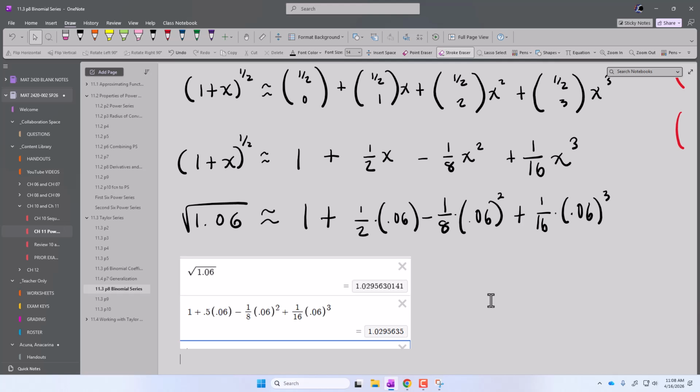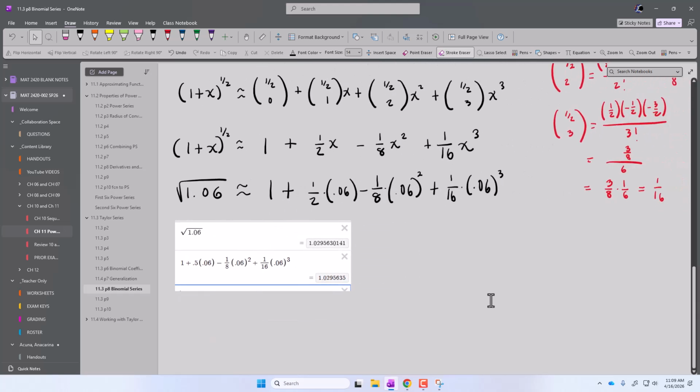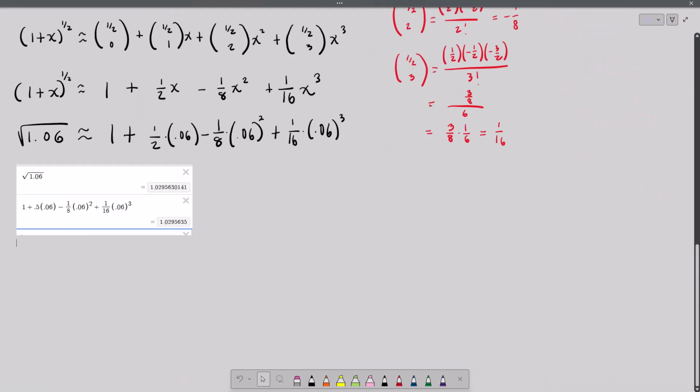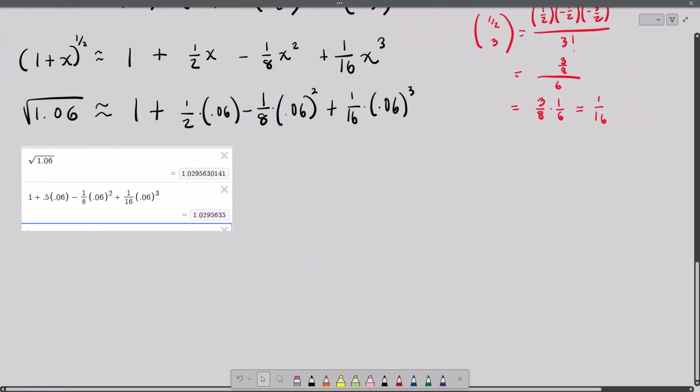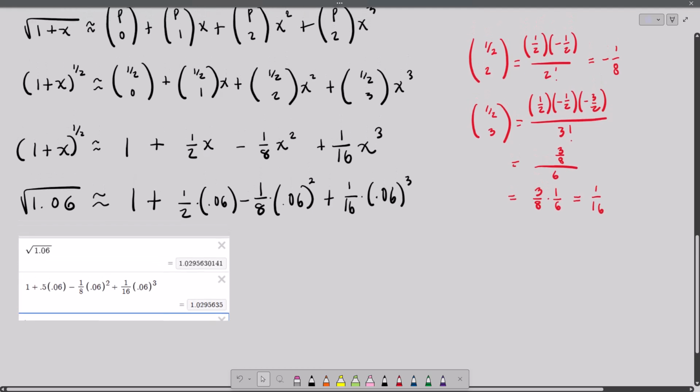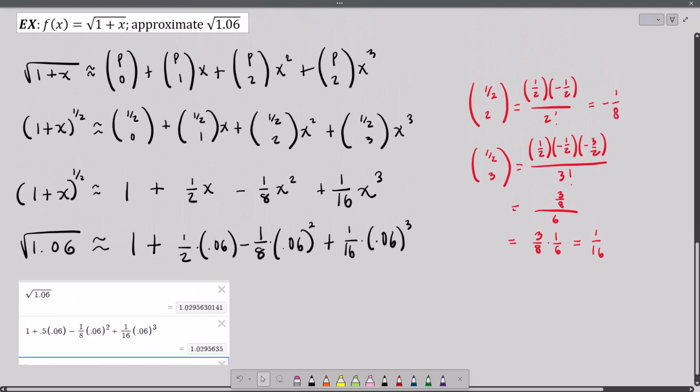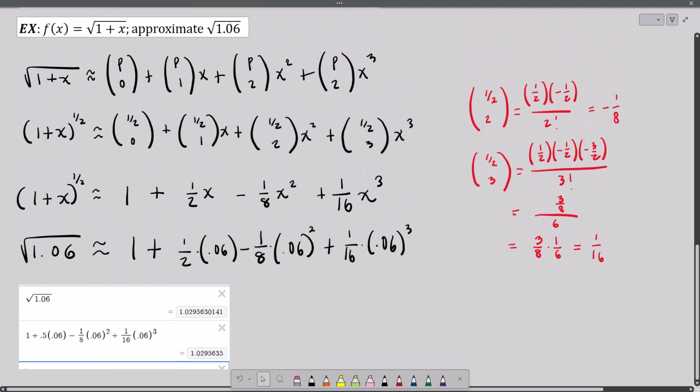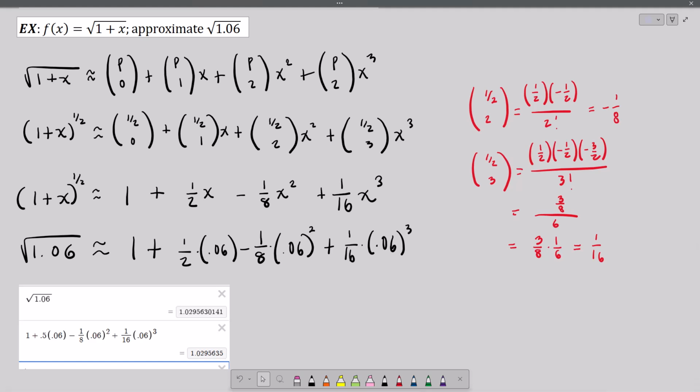So, yeah, 1, 2, 3, 4, 5. That's pretty good for just going out 4 terms. So, pretty accurate. Okay, any part there that you have a question on?